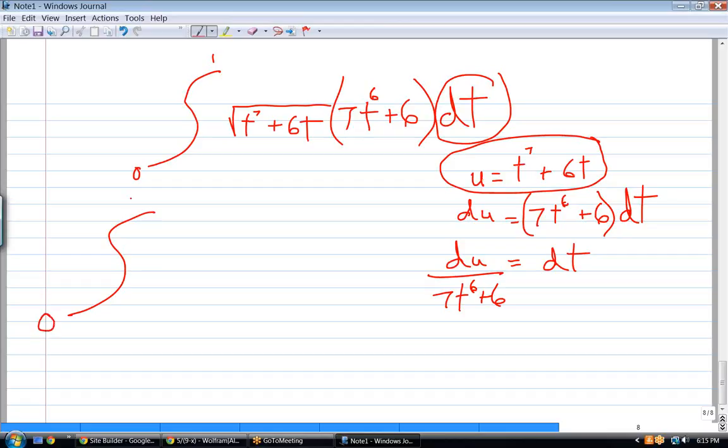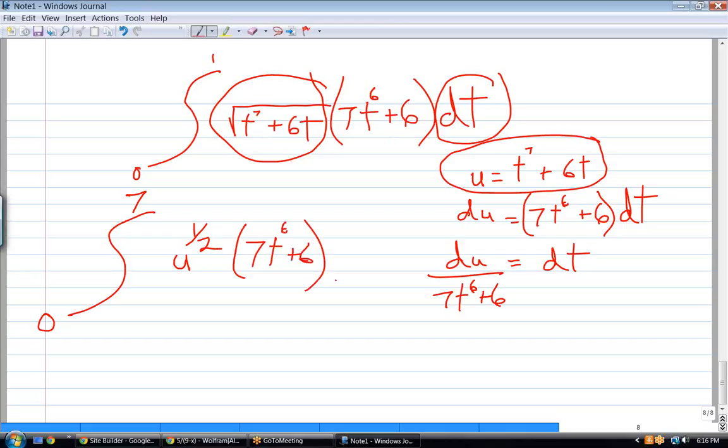So let's get that straightened out first. Now what's the rest of it? Okay, so t to the 7th plus 6t, or u. That's this part. And I haven't done anything with this yet, so I have to leave it there for the moment. Now what?